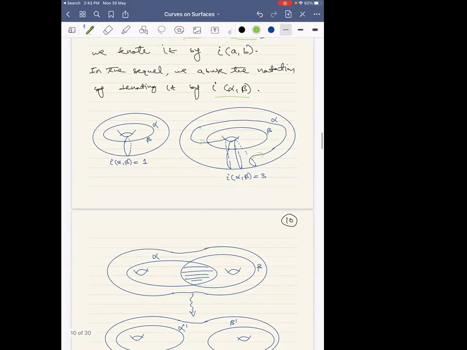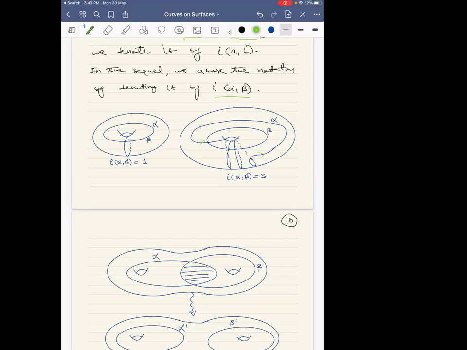And here is an example where you can see why this notion of geometric intersection number is different from just your perception. You perceive that you get some intersection. So for example, here in this picture, a genus 2 surface, you have two curves alpha and beta.